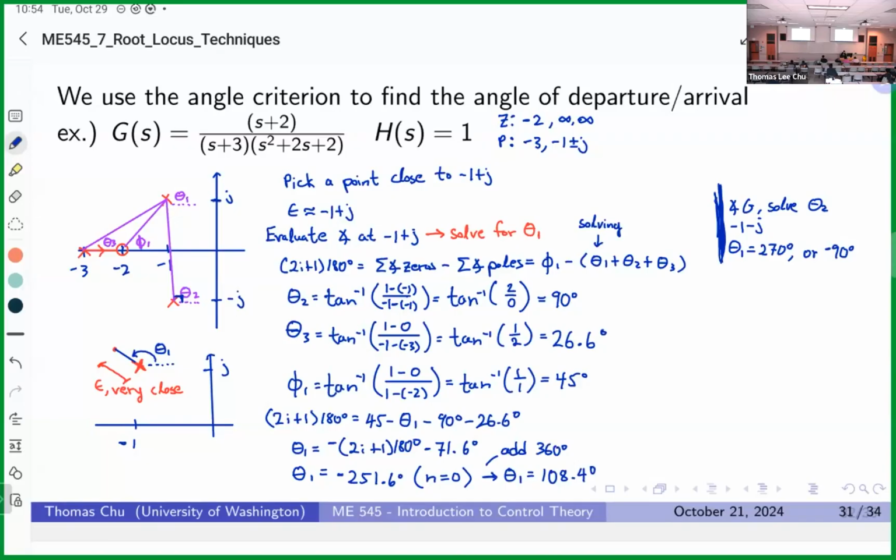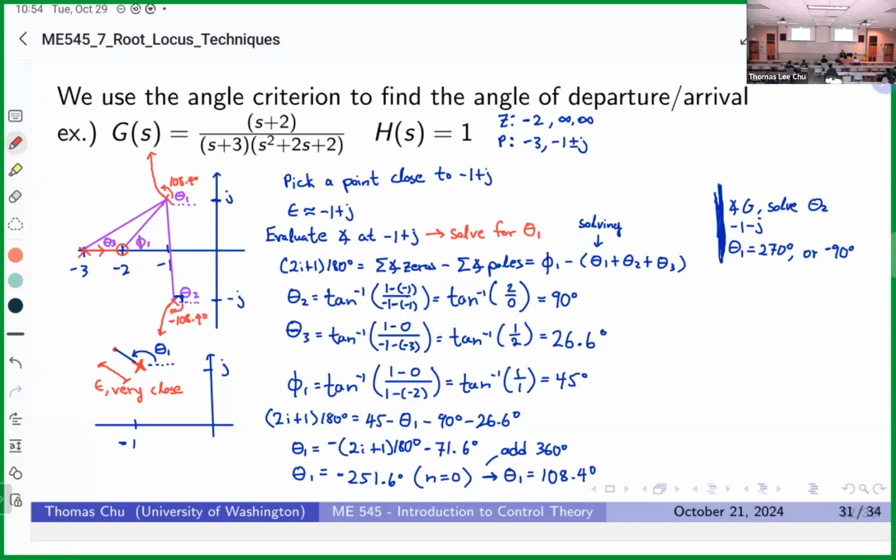And now we can say that our angle of departure for this is going to look like this. Where this initial angle here is 108.4 degrees. So then this angle here is minus 108.4 degrees.